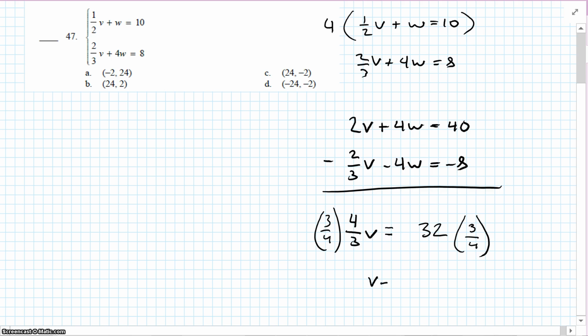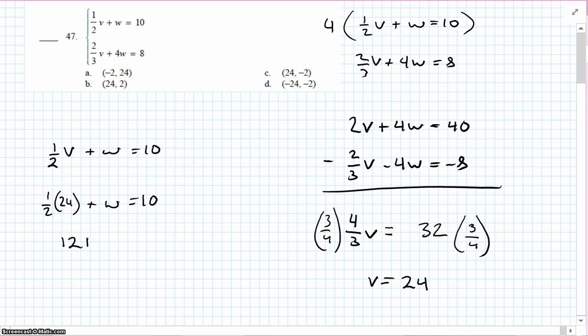So I'm going to get v equals, 4 will go into 32 8 times, so v equals 24. 8 times 3 is 24. So my v value is 24. Now we're going to plug it back into the first equation. 1/2 v plus w equals 10. So 1/2 times 24 plus w equals 10.